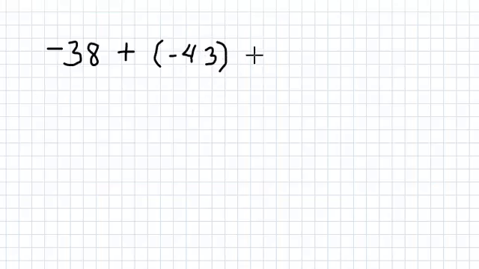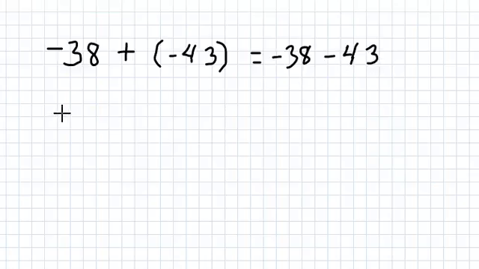Now if I had to rewrite this, and we want to drop these parentheses here, this becomes a negative 38 minus 43. Okay, so a plus and a negative inside, we drop the parentheses and it becomes a minus. So I'm going to take it that you know how to come up with the answer here, negative 38 minus 43. Your answer is going to be a negative.